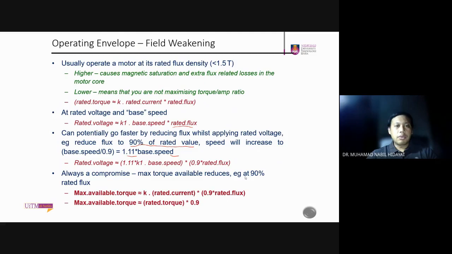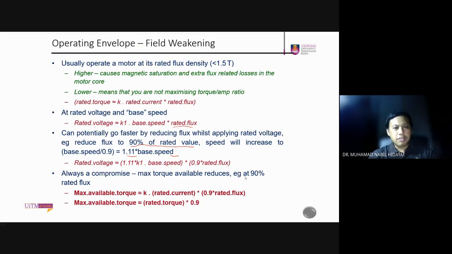At rated speed or rated voltage, which we say is at base speed, the rated voltage is K1, where K is the machine constant, times base speed, times the rated flux.